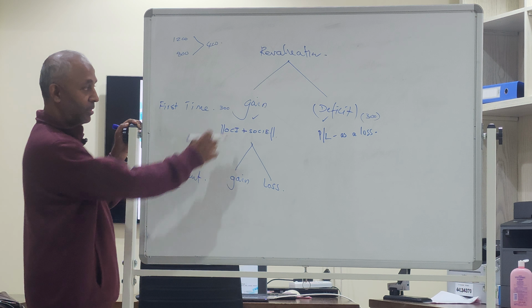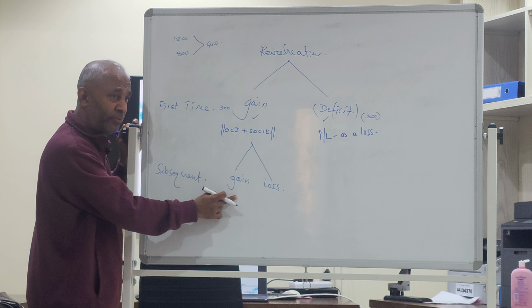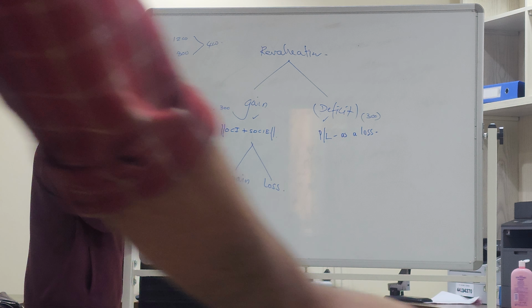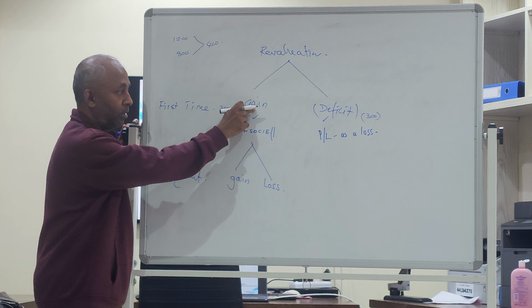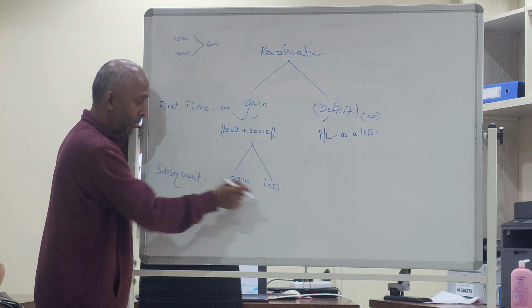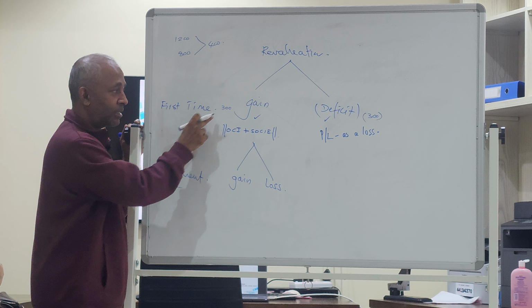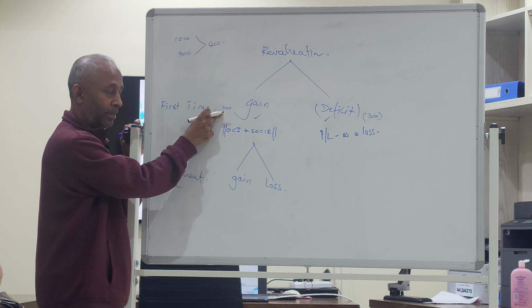Right. So you may have a subsequent revaluation, and you could have a gain or a loss in it. So let's say the first time I have a revaluation gain of 300.